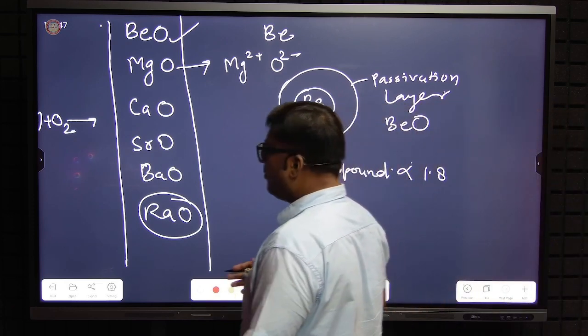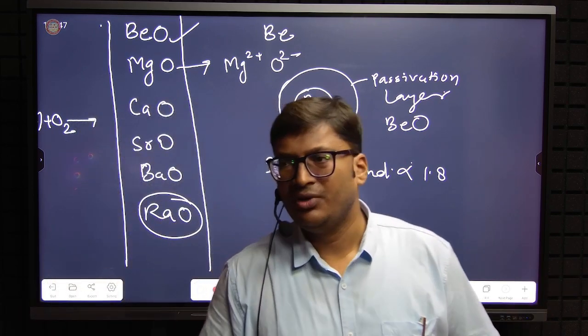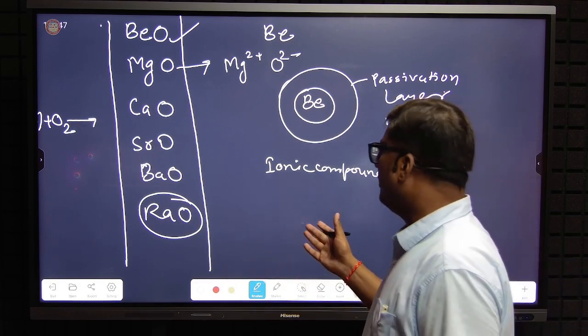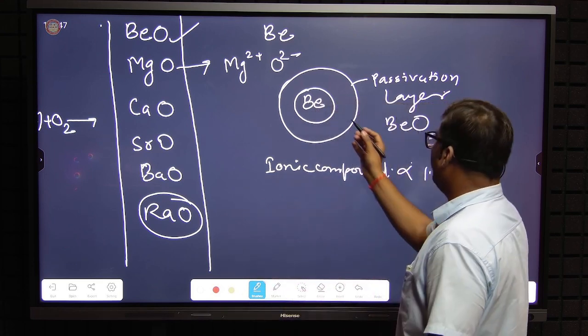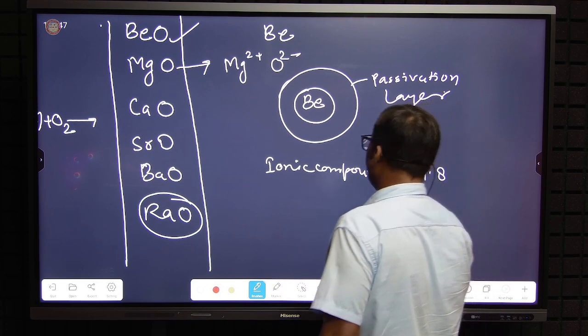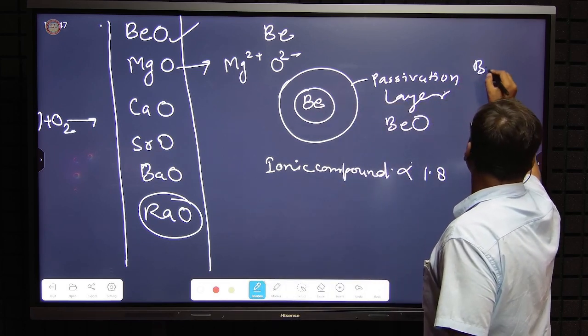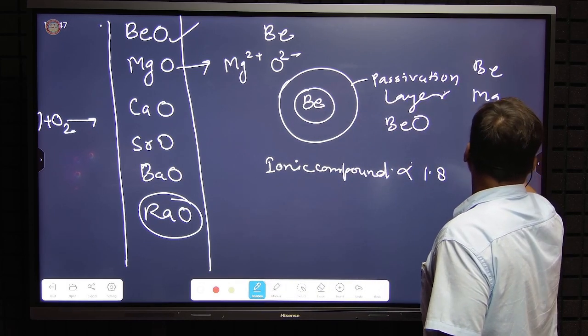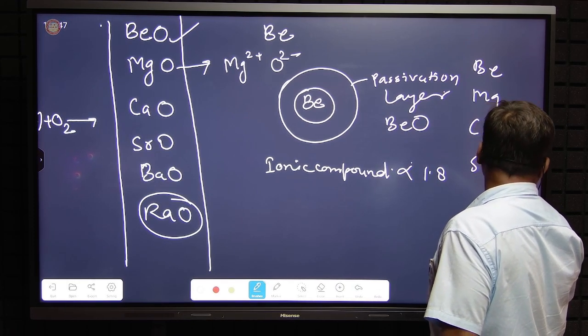So ionic compounds are actually formed through electropositive metal and electronegative non-metals. So the electronegativity of the metals, that is your beryllium, magnesium, calcium, strontium, barium and radium, right?